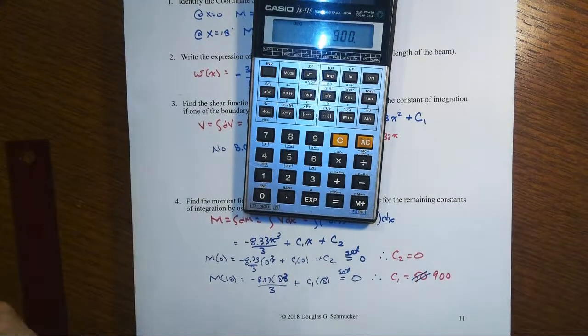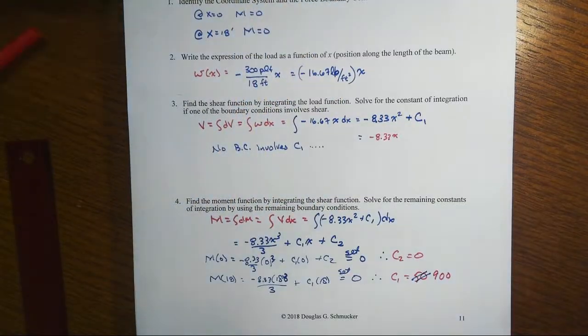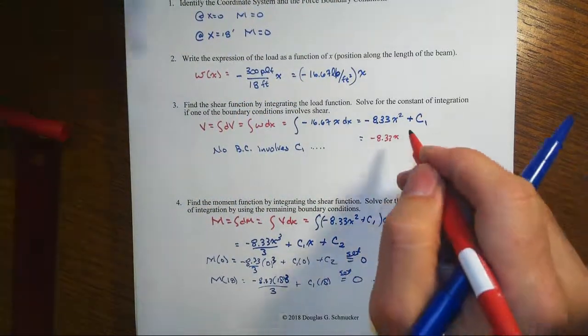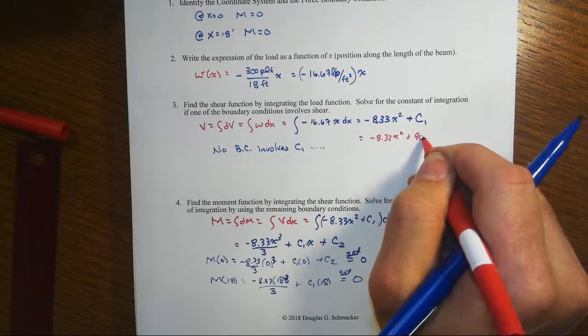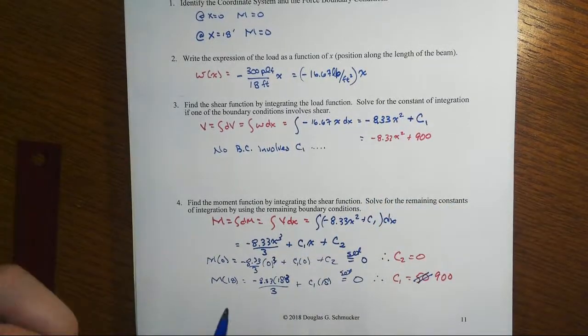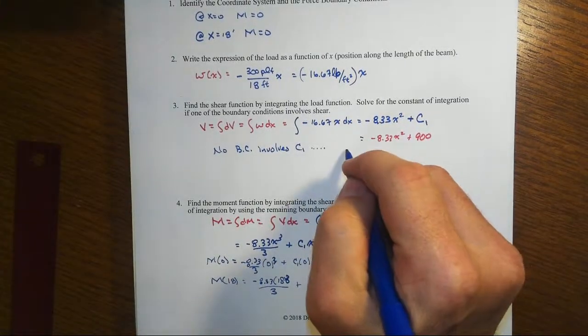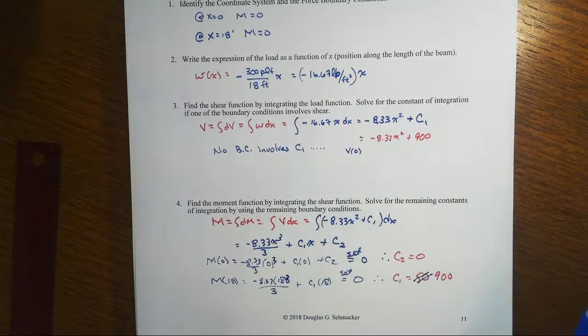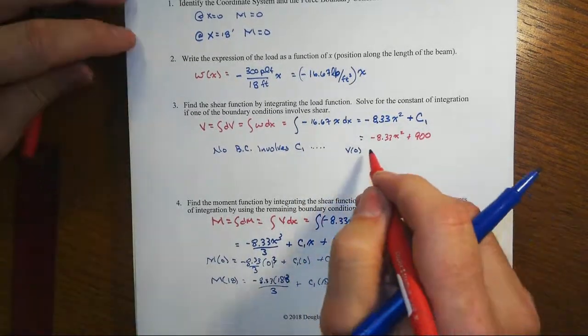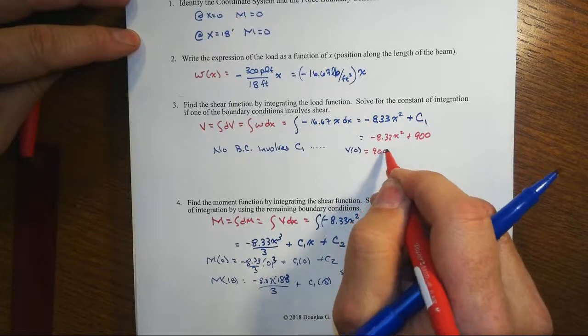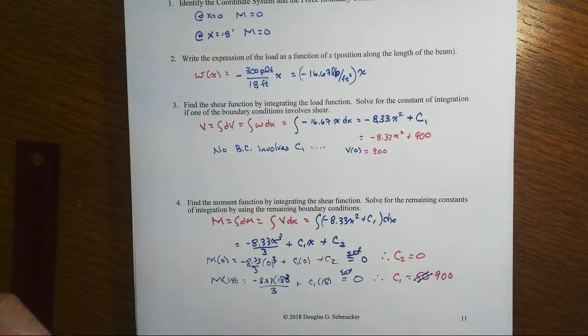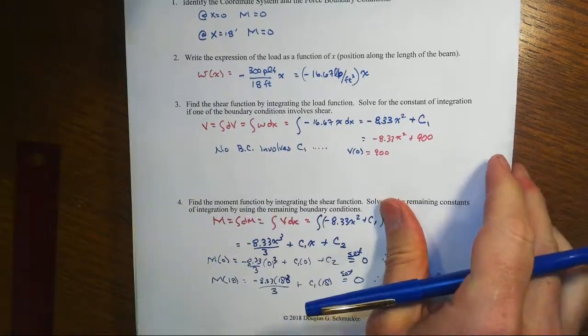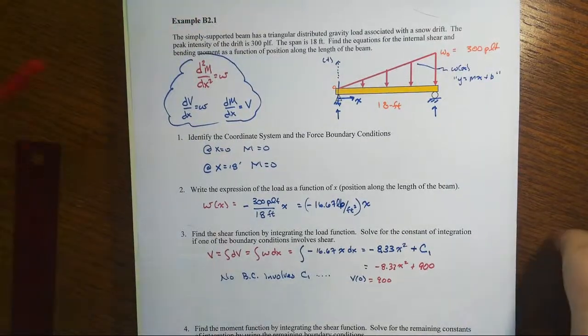Now, I would have found that mistake in the next stage here, because notice what's going to happen. Shear at 0 would have equaled by the function 900. Well, now let's go find the reaction in our system.